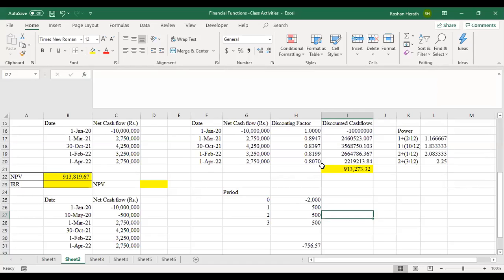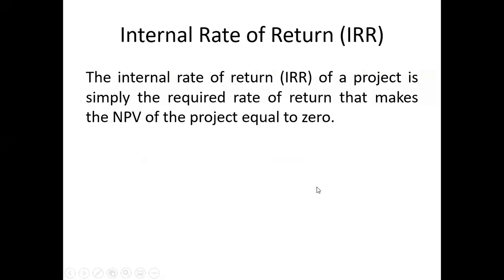Okay, good. Fine. Next, the important function we had discussed is the IRR. Again, it will go hand in hand. This NPV and IRR go hand in hand. You have discussed all the theoretical aspects related to that in depth while you were learning management accounting in second year.